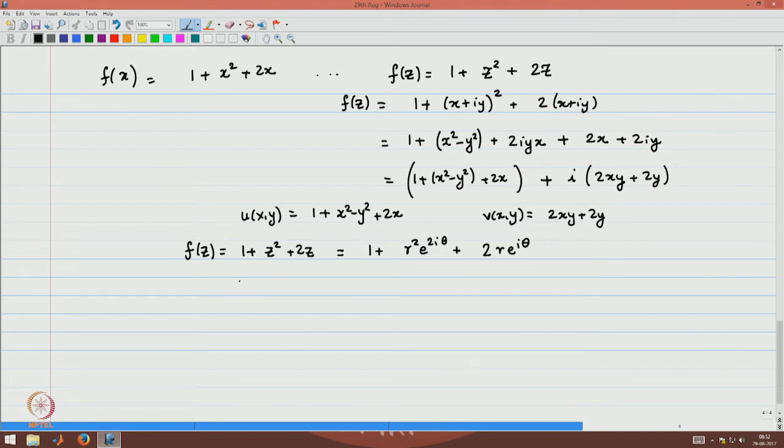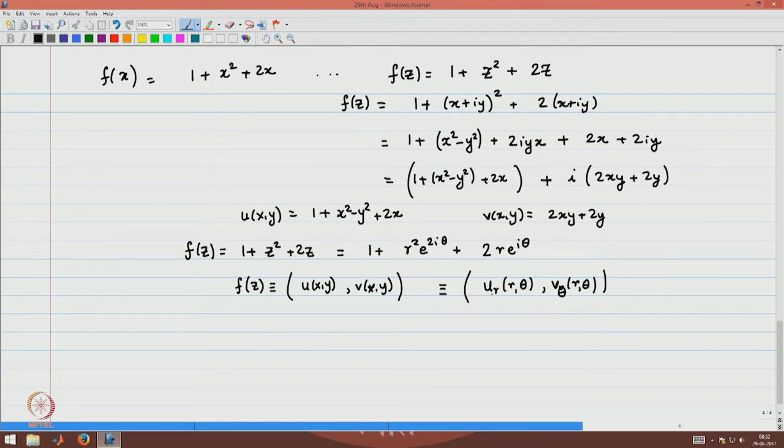So, we write f of z. I can write this as u of x y, v of x y, and I can equivalently write this as u r of r theta, v theta of r theta.